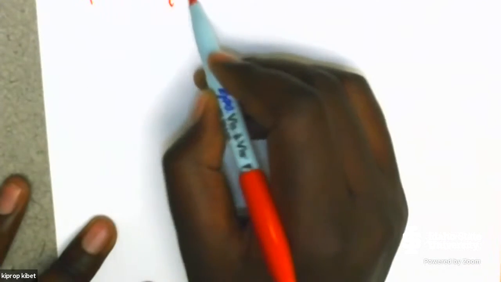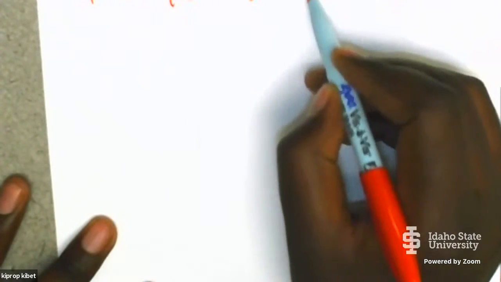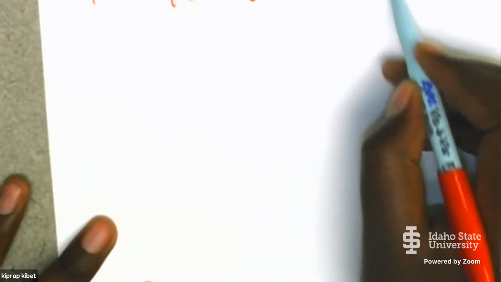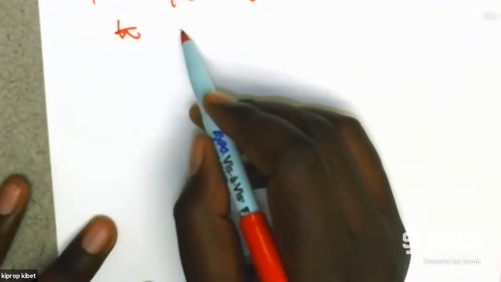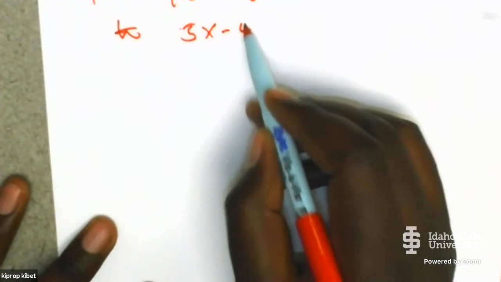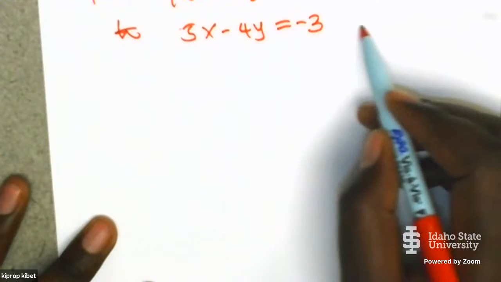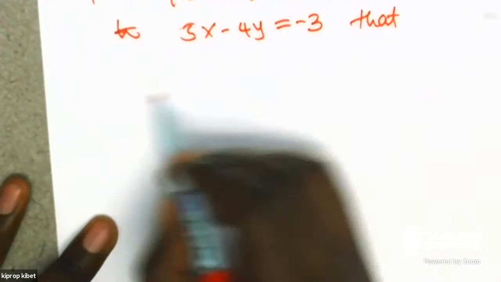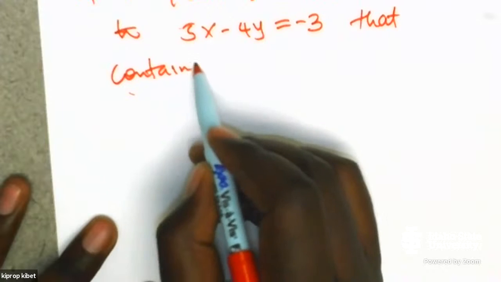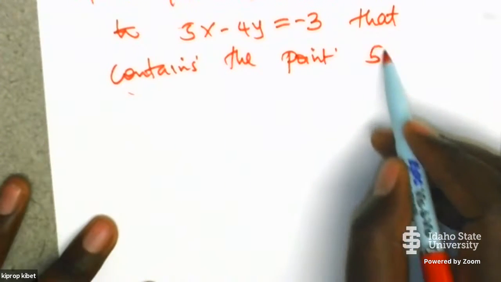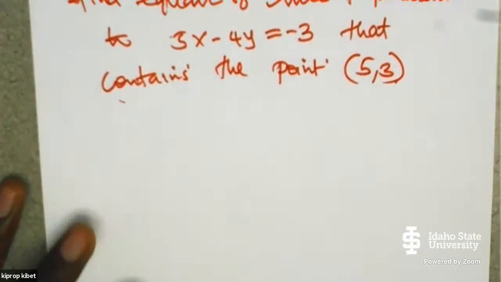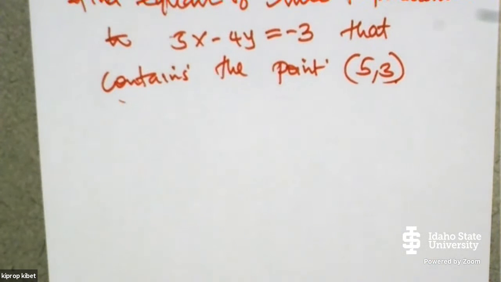Now, the same thing: find the equation of a line perpendicular to 5x minus 4y equals minus 3 that contains the point (5, 3). Now, if it is perpendicular, I can change that one to perpendicular. So what will happen?